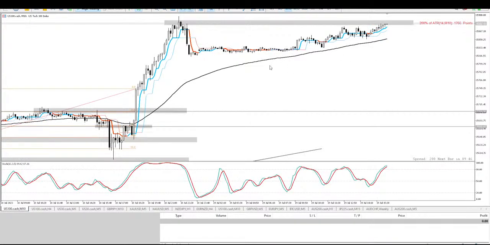Price is just going sideways for now, so this one we're just going to keep an eye on.